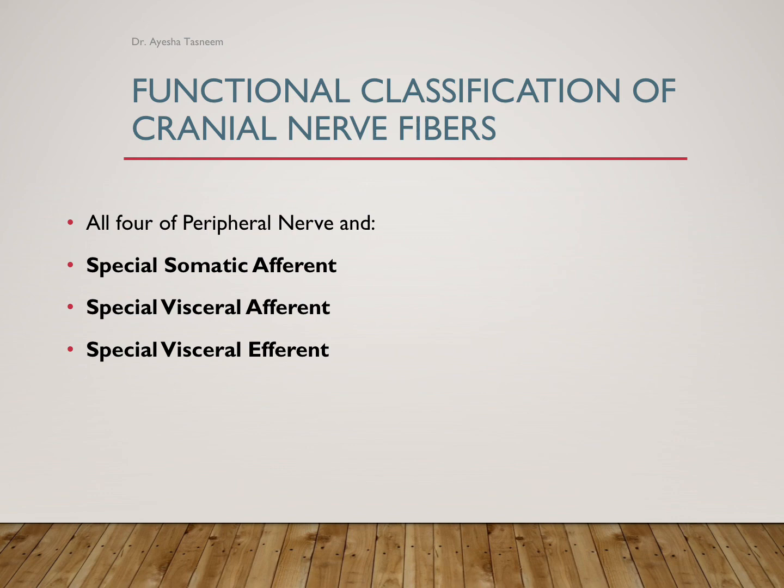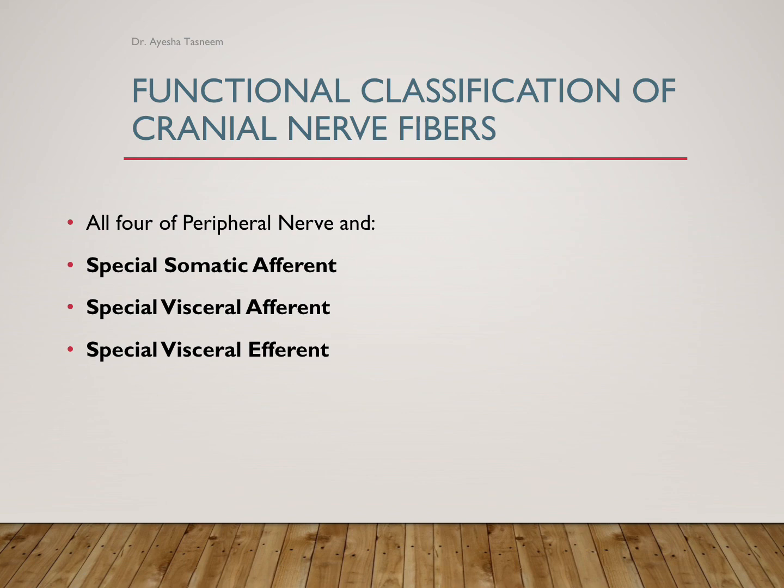Now we come to the functional classification of the cranial nerve fibers. All the four classes that we have discussed in the peripheral nerve fibers are all included. In addition to those four, there are also three further types: the special somatic afferents that carry impulses from teleoreceptors, like vision, hearing, smell and equilibrium.